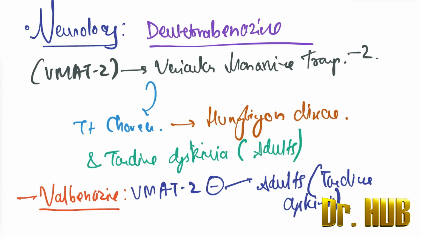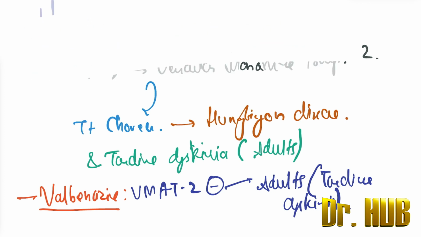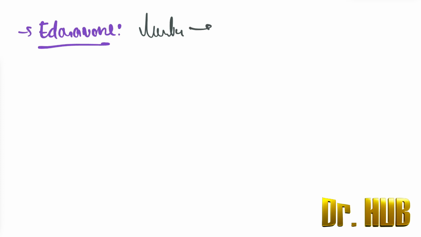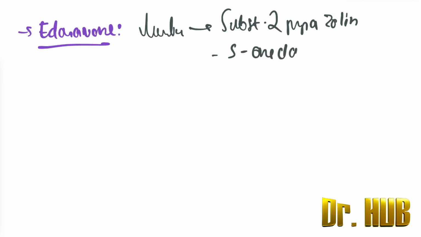Next we move on to the edaravone. So what is the edaravone? So edaravone is nothing but a member of the substituted 2-pyrazolin-5-one class.